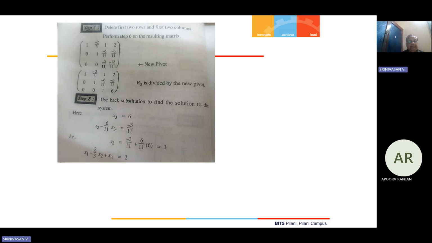Thus the solution is X1 is equal to 2, X2 is equal to 3 and X3 is equal to 6.